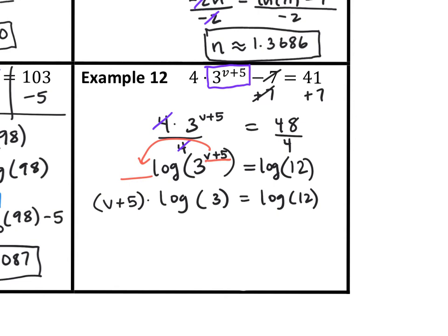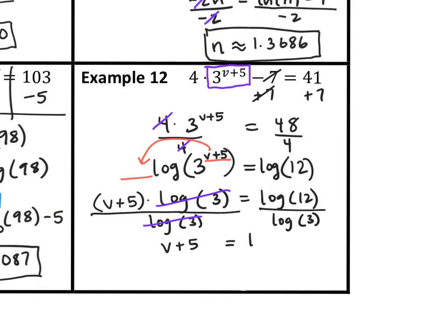And similar to what we've been doing, what's the opposite of multiplying? Dividing. So we're going to divide log of 3 on both sides. So log of 3 and log of 3 will cancel. And we end up with v plus 5, we bring that down, equals log 12 over log of 3.